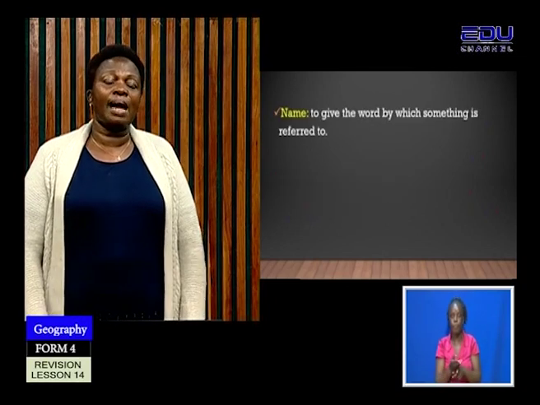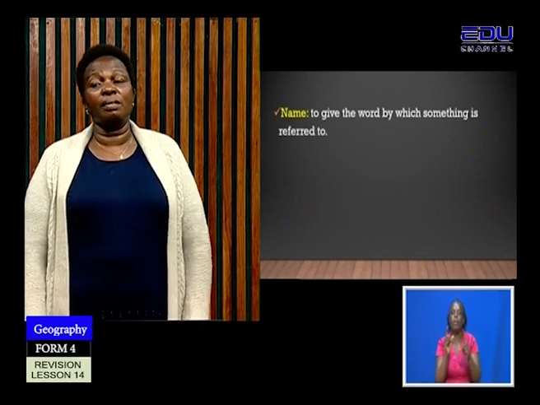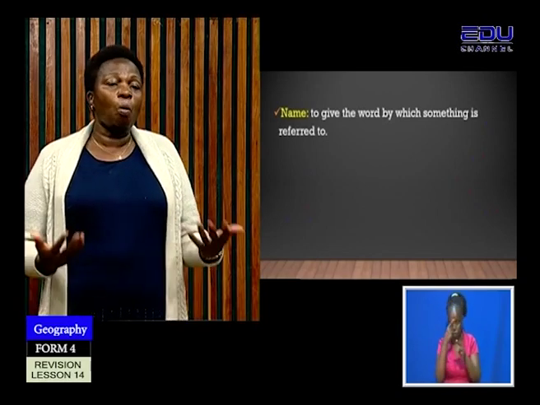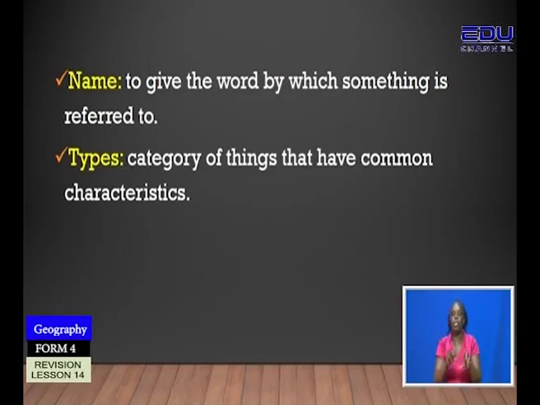Then there is also the term name, which is used to give a word by which something is referred to. And then we have types, which means category of things that have common characteristics. In this case, we are looking at pollution, so that is the category or the type.